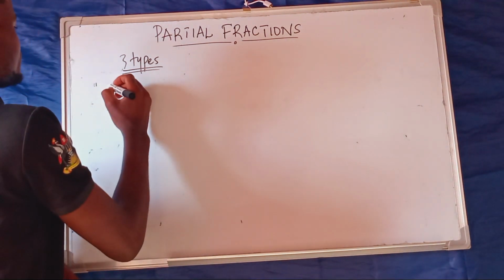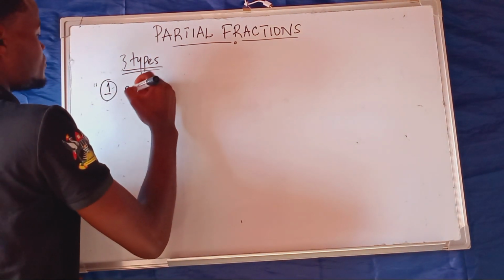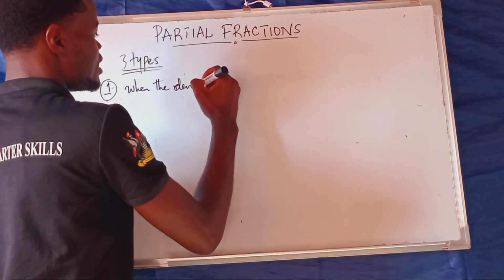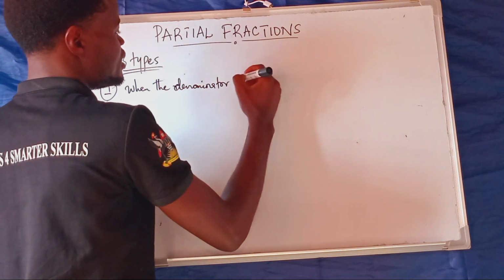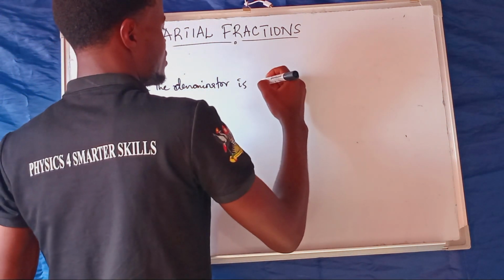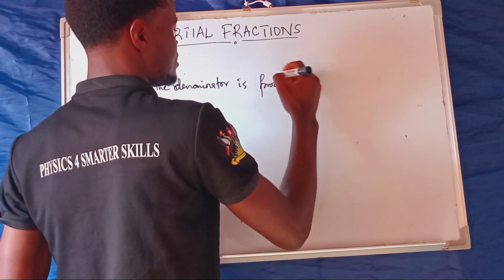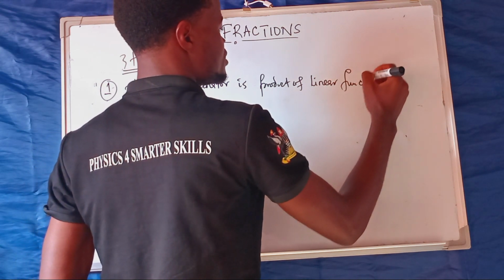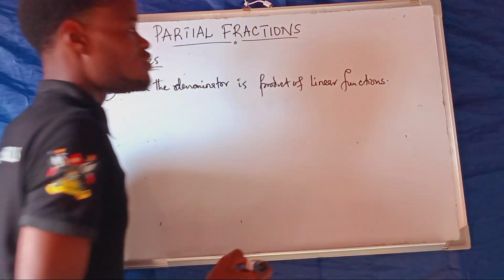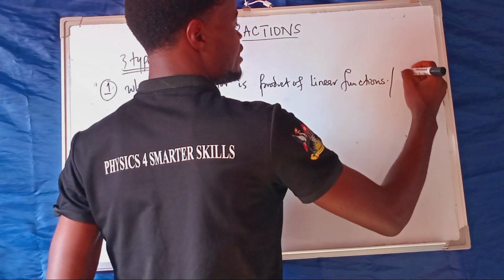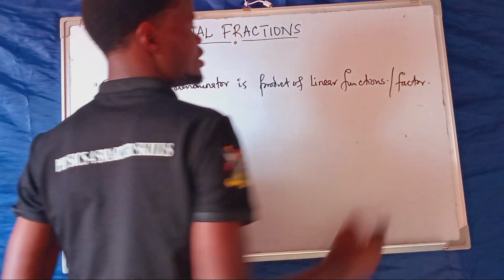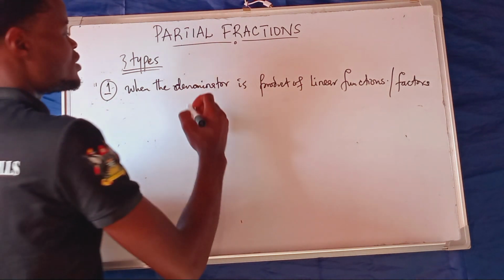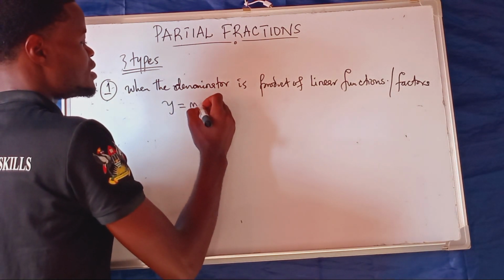The first one is when the denominator is a product of linear functions, or some people call them linear factors. In some books you find that they talk about them as linear factors. So we know a linear function is the function which takes on the form y equals mx plus c.